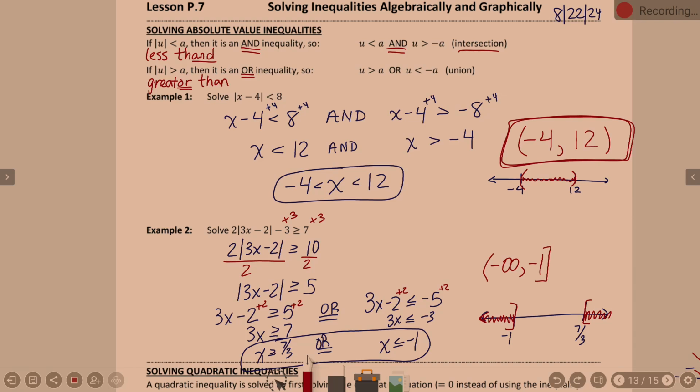Now, in my notes I have the word or. You could also use that U symbol, the union symbol. Where's my second set of shading? Starts at 7/3 with a bracket because it's equal to, comma, infinity. Positive infinity with a parenthesis.